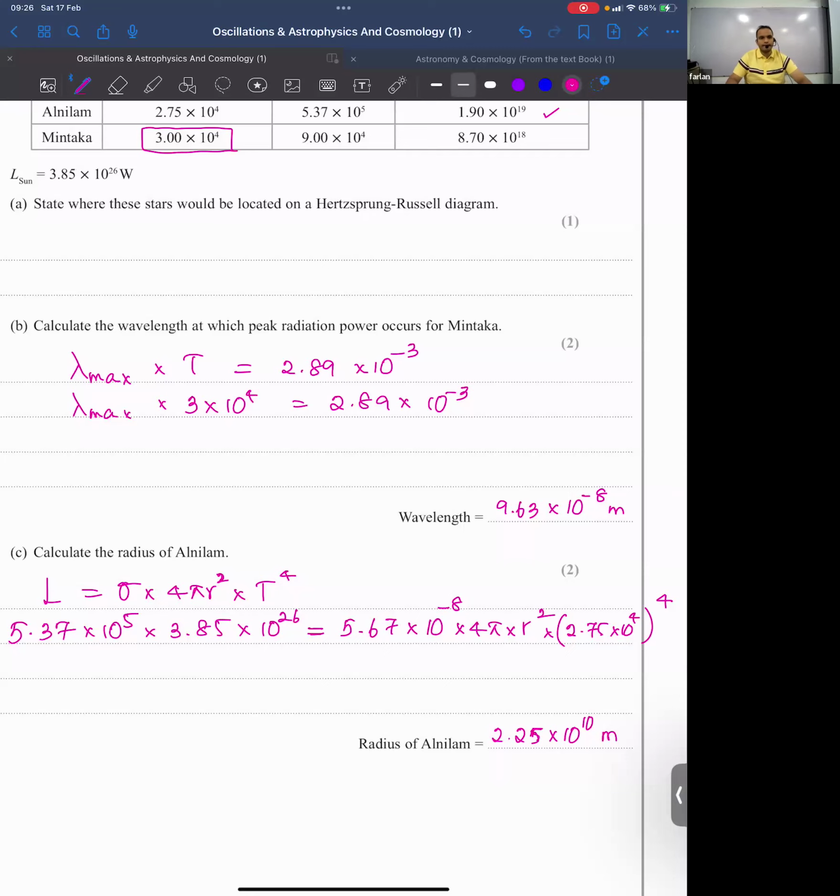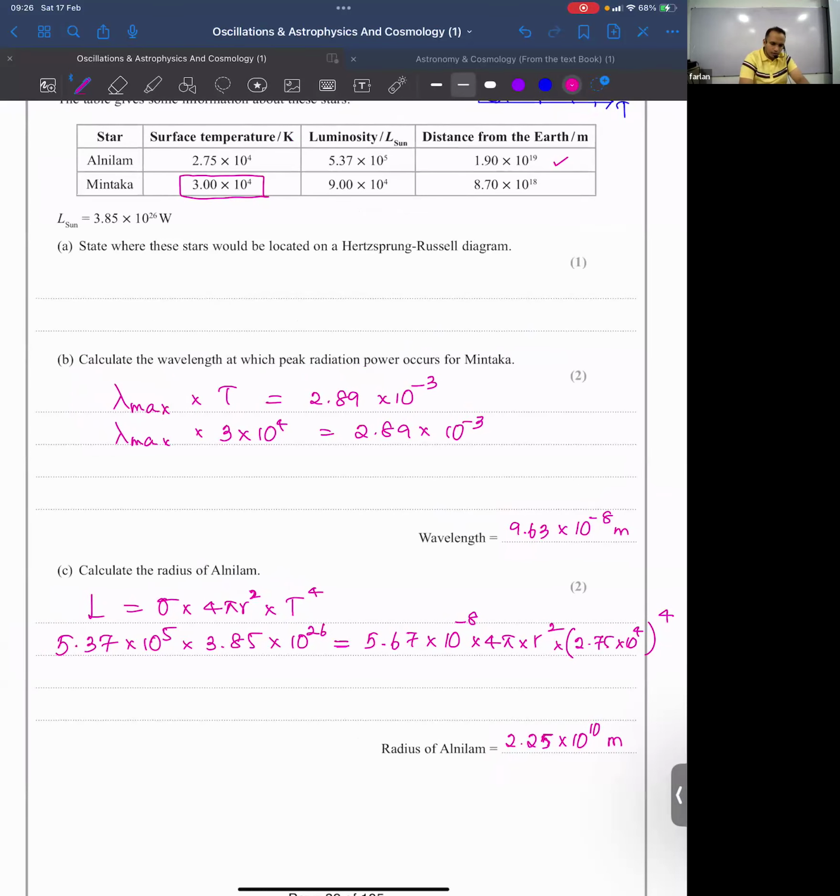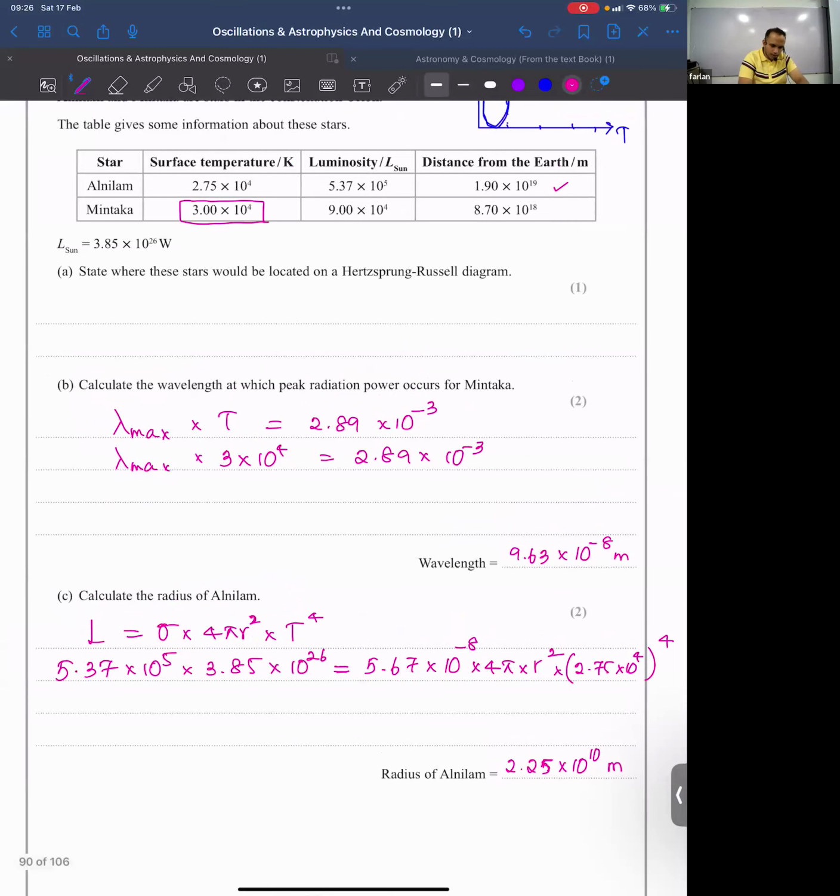Have you got this answer? Yes. Why did you multiply the luminosity? Because now what is given here, look at this data. This says luminosity over L sun.